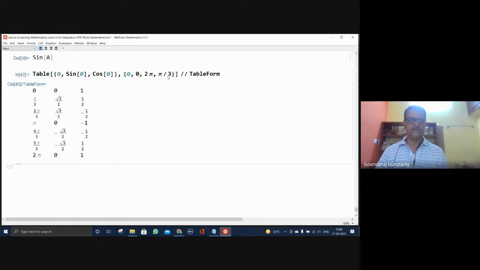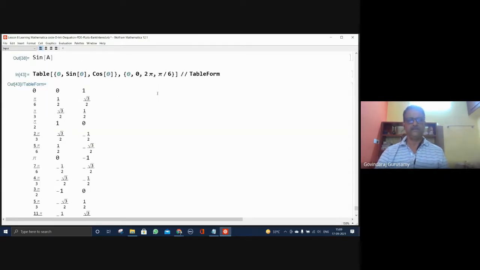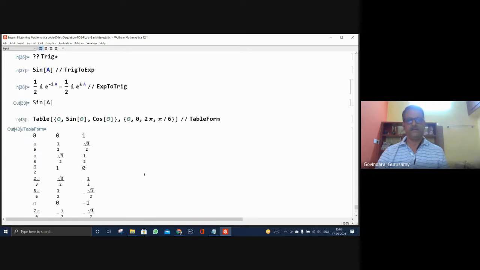So if you have forgotten certain things on sine theta, cos theta values, or specific values in terms of pi, then you can immediately just call the function and ask for these numbers for these values of pi, so you will get it. So it's not a difficult thing at all. You can take any fractions, like pi by 6. It goes up to 2 pi.